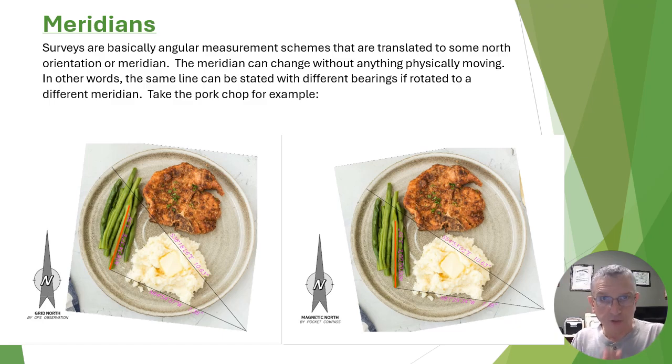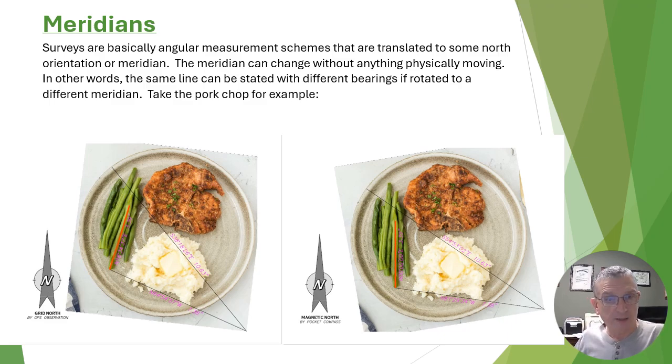Let's say that it is due north. The pork chop and the potatoes are on the plate. And you simply rotate the plate 5 degrees. The pork chop, the potatoes, and the beans have not really moved in relation to each other. They're in a different place on the earth, but that's really irrelevant. They haven't moved on the plate. You didn't move any food. You simply rotated the plate.